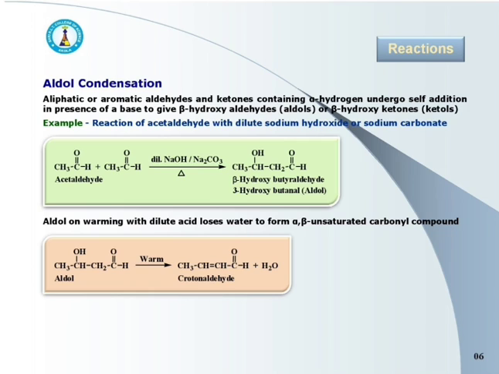This aldol on warming with dilute acid loses a water molecule to form alpha beta unsaturated carbonyl compounds. See the reaction. When 3-hydroxybutanal is warmed, it loses water molecule to form crotonaldehyde, which is an alpha beta unsaturated carbonyl compound.